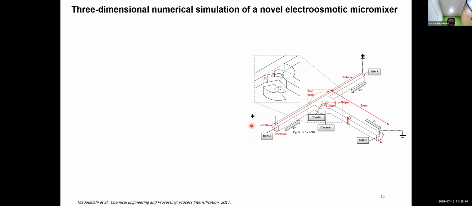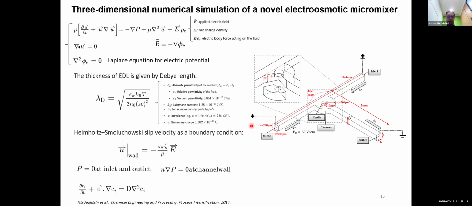The next step is finding the governing equations. Here I have the complete list of governing equations for you. The first one is Navier-Stokes equation. The plus term on the right-hand side is the term that we have because of that applied voltage, right?